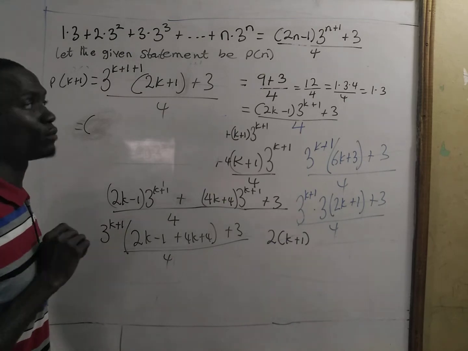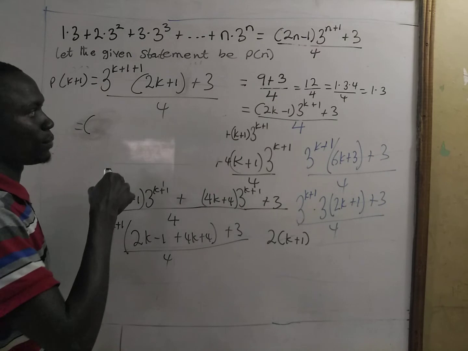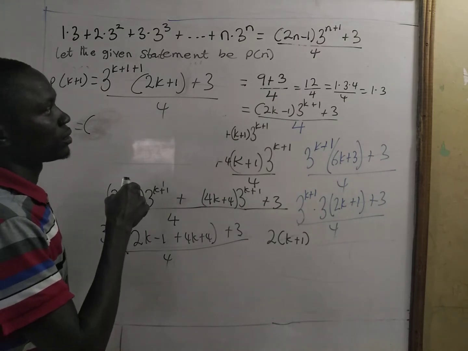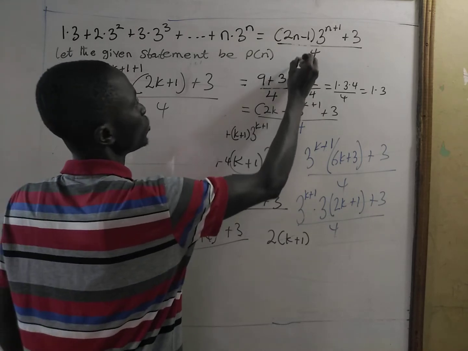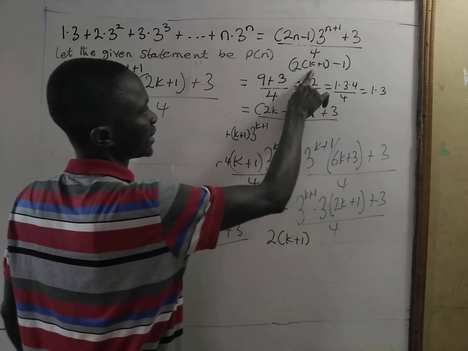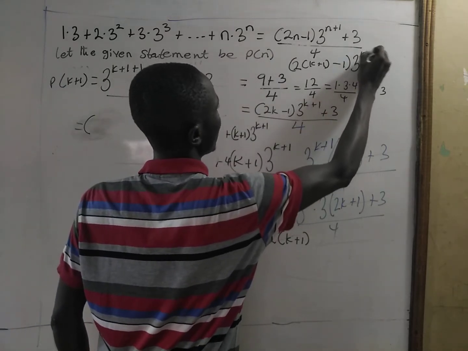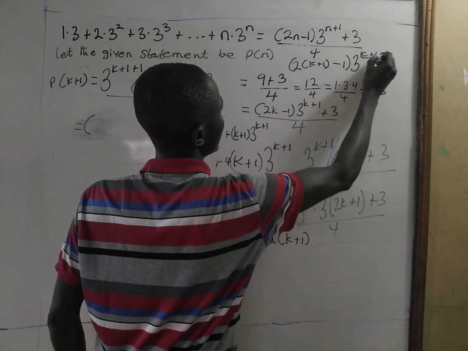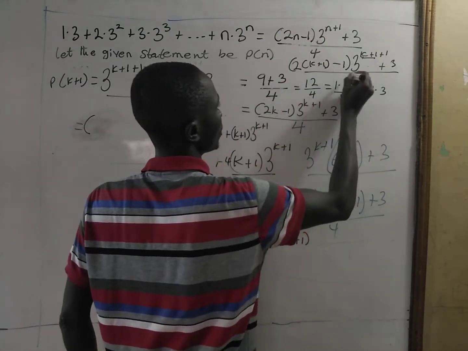Because at the end of the day, we are going to get this if we put in k plus 1: 2 times (k plus 1 minus 1), times 3 to the power k plus 1 plus 1, plus 3, all divided by 4. This k plus 1 is representing the n.